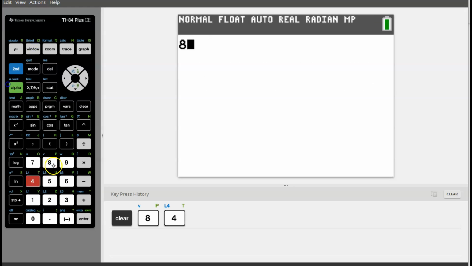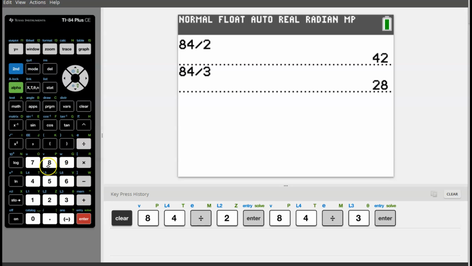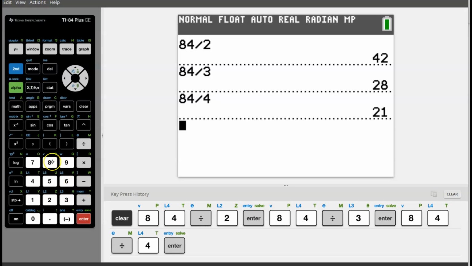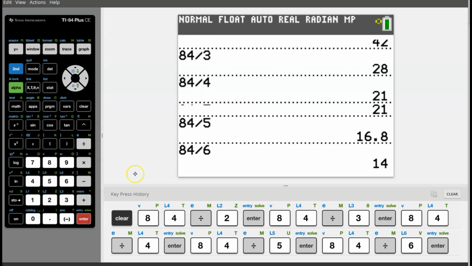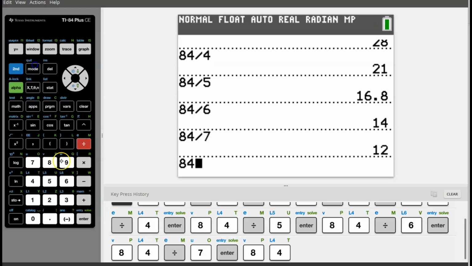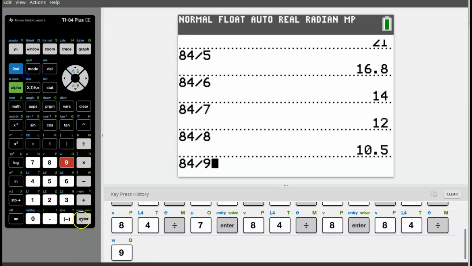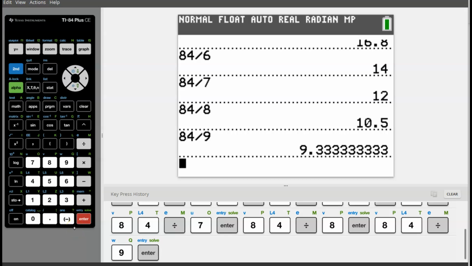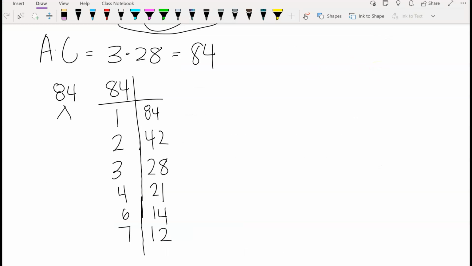You can start: 84 divided by 2, 84 divided by 3, 84 divided by 4, 84 divided by 5, 6. See how 5 didn't work? It was a decimal. 84 divided by 7, 84 divided by 8, and 9. And see, that doesn't work. And then 84 divided by 10 won't work as well. So you'd stop at the 7 and 12.